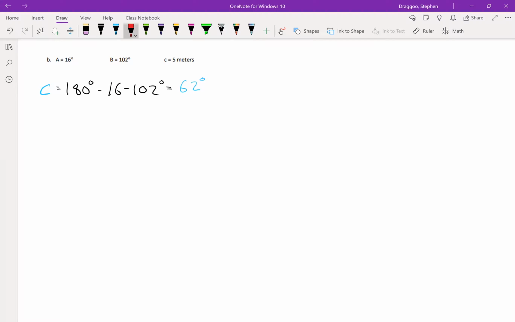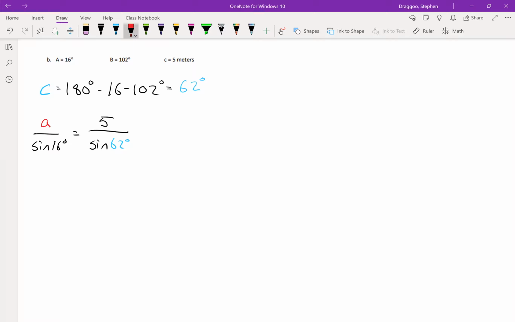All right, next we'll look for side A. So A over sine 16 is equal to 5 over sine 62 degrees, since I'll need to use the ratio with C because that's the one that I know everything about.